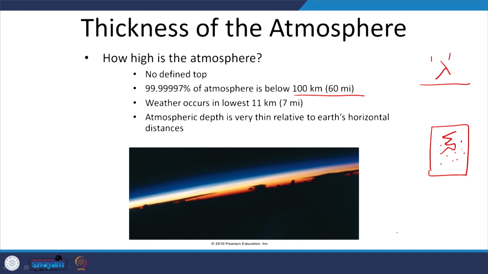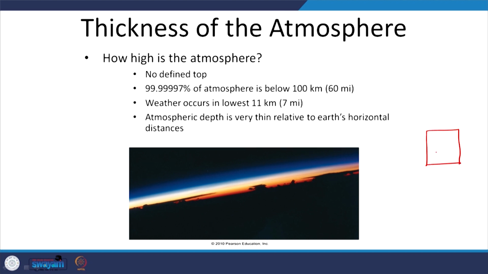So, the mean free path is defined as the average distance that the molecule travels between two successive collisions. Before the molecule collides with another molecule, you can say that the molecule is moving freely from one collision to another collision.